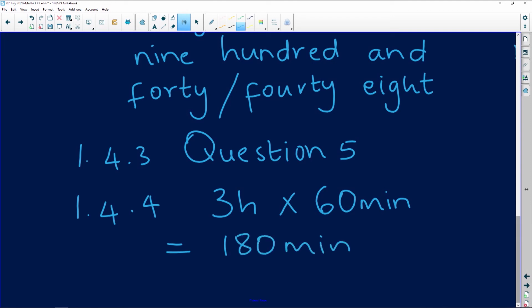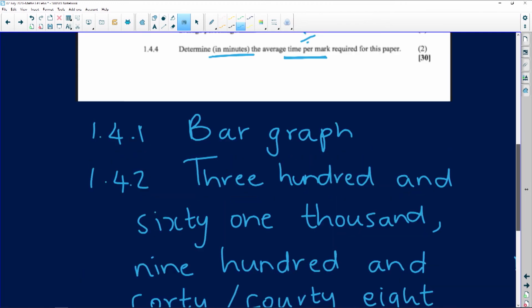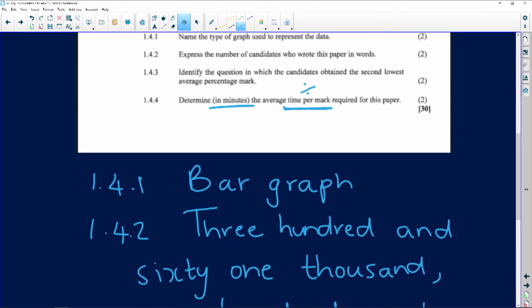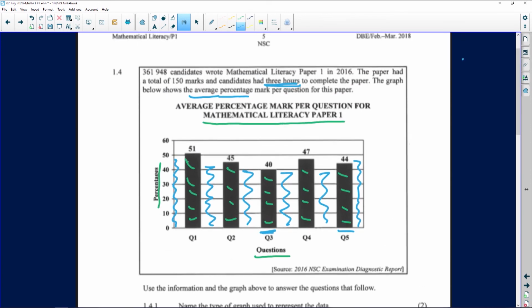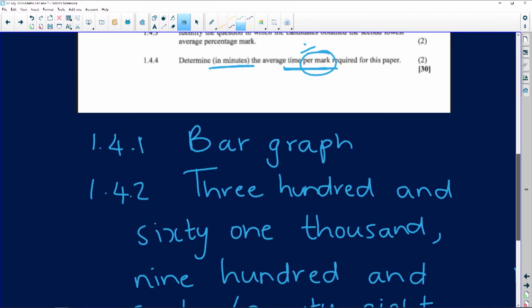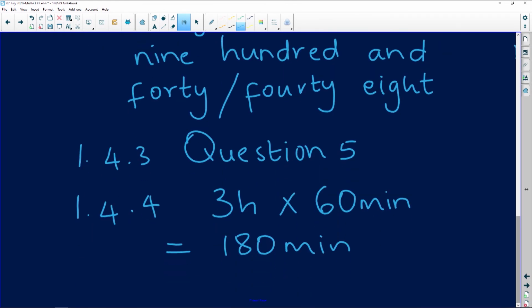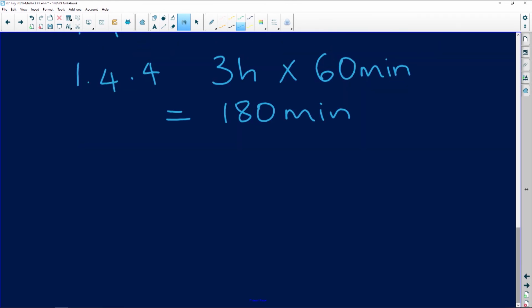180 minutes. And they say to us time per mark. So I know per mark is going to be what I'm dividing it by. How many marks do I have? I have 150 marks. So I go and I divide. Time per mark. Look at the way that I am emphasizing these words.